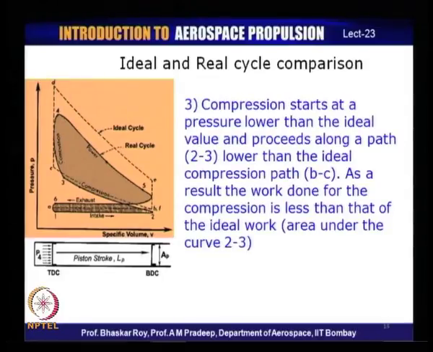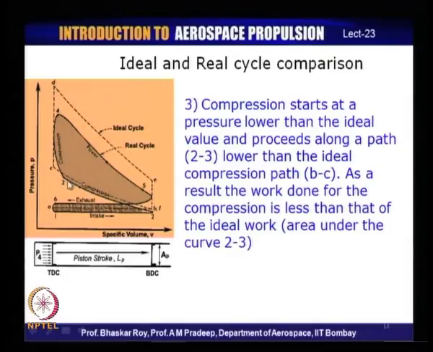Since the intake process finishes its intake line at 2, which is, as you can see, a little lower than B, the compression process starts at a lower pressure and quite often proceeds along an isentropic line, which is a little lower.